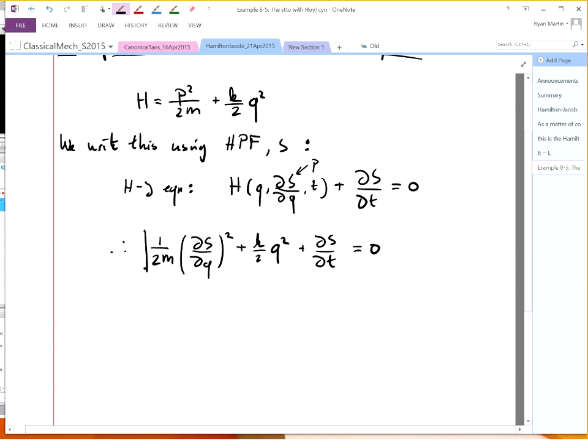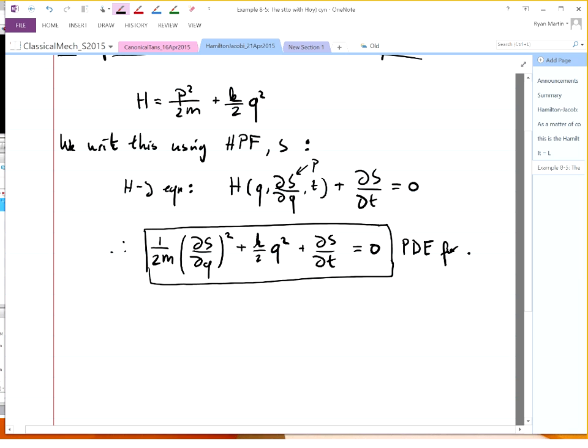That's the Hamilton-Jacobi equation for the simple harmonic oscillator. So this is a partial differential equation for S. And now it's a matter of mathematics to solve it.